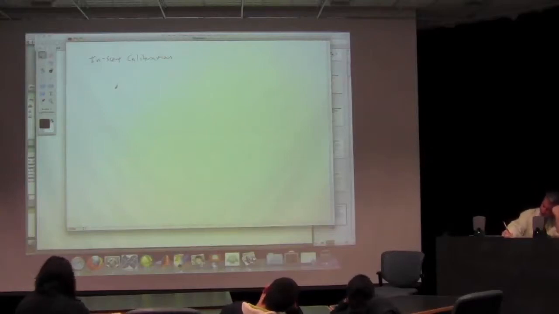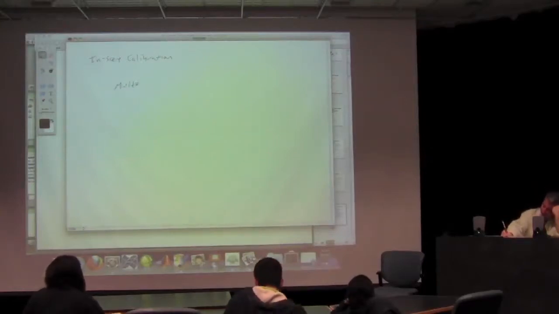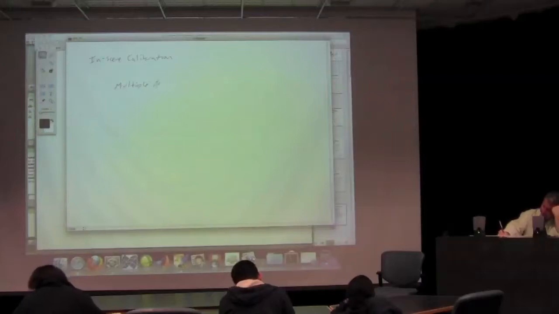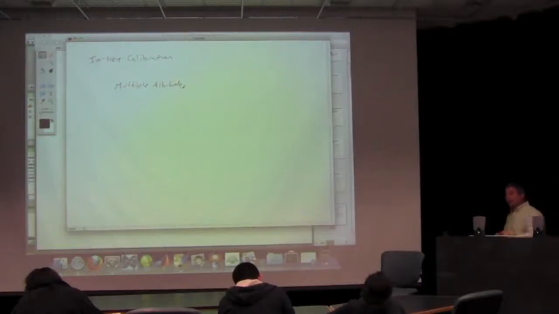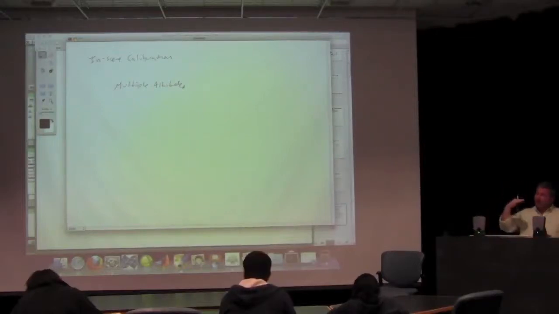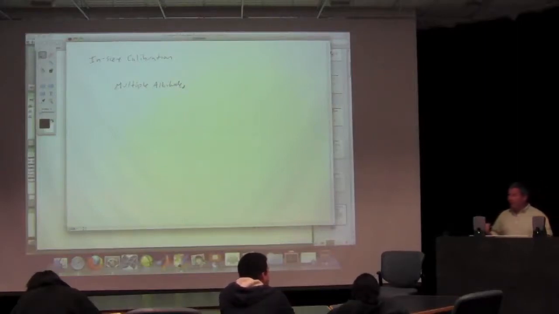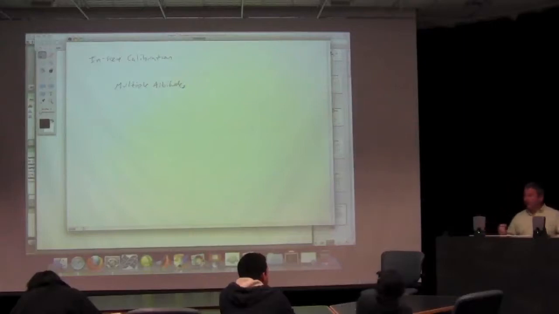We're going to look at something called a multiple altitude technique, where this involves looking at a single target on the ground from multiple different altitudes in order to characterize the atmosphere. Okay? So you're looking through different atmospheric paths, and because of the different path lengths that you're looking through, you can come up with some good answers about the atmospheric parameters that we're going to try and solve for.